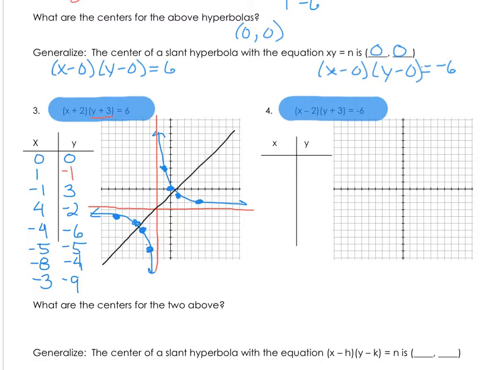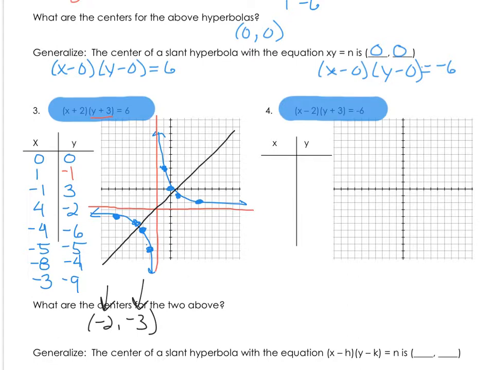So the center of this one is going to be negative 2, negative 3. Again, notice the pattern. It's whatever is subtracted from x, and whatever is subtracted from y. So it still fits our pattern of conics.